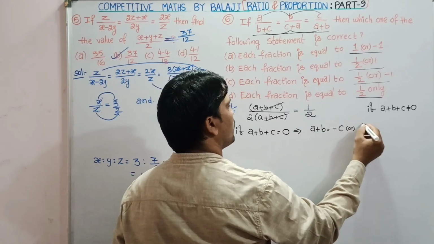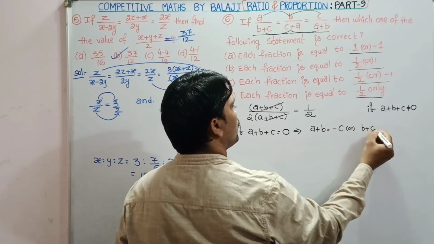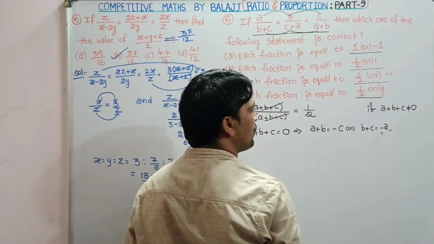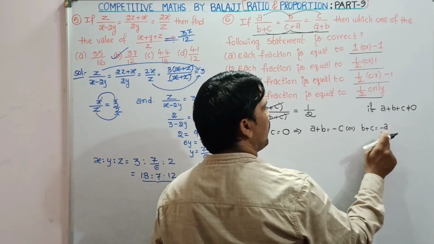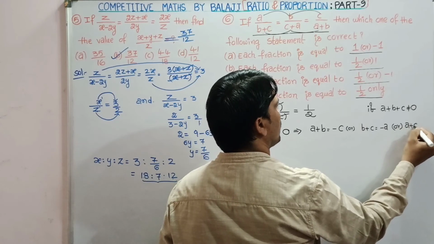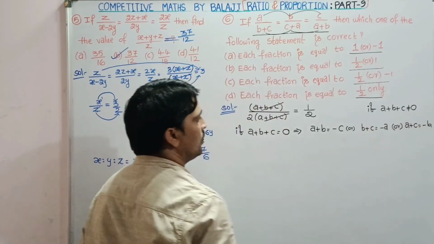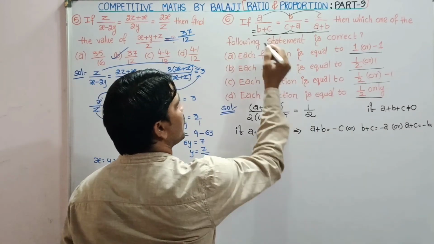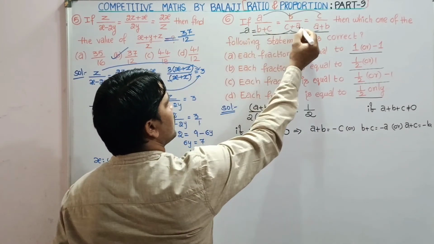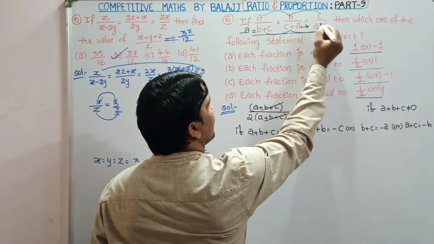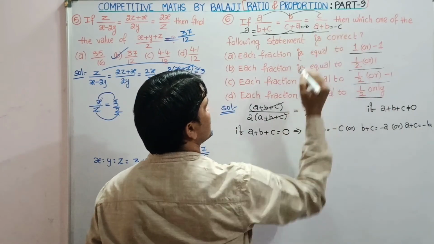Similarly, if we transform a to RHS, we get b plus c equal to minus a, or if we transform b, we get a plus c equal to minus b. That is, b plus c can be replaced by minus a, c plus a can be replaced by minus b, and a plus b can be replaced by minus c.